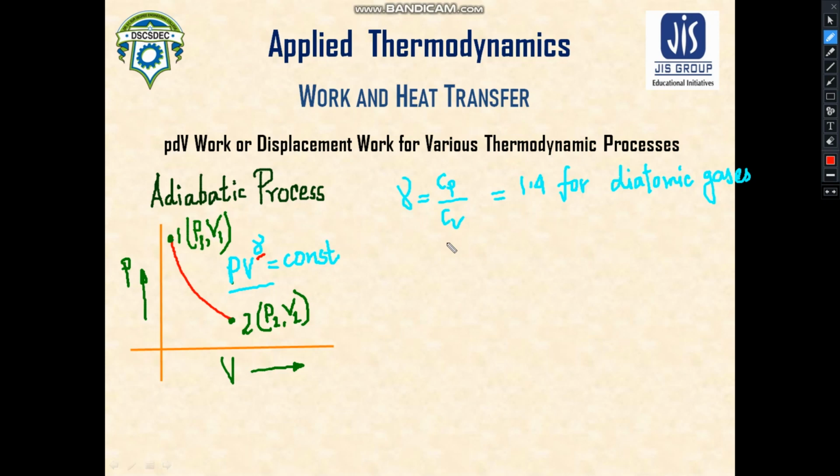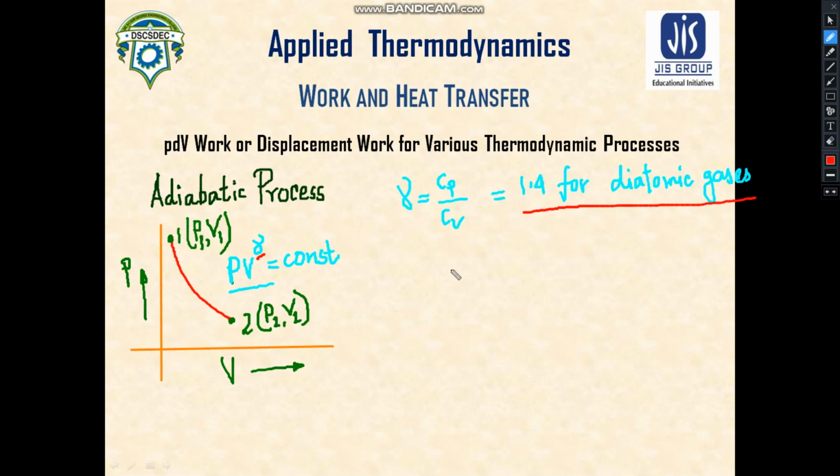So gamma is the ratio between Cp and Cv. Here you can see for diatomic gases like oxygen and nitrogen, it will be 1.4. For monoatomic gases, it will be different. It will be near about 1.2. And for triatomic gases, it will also be different.